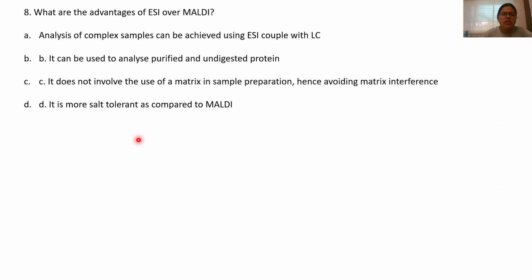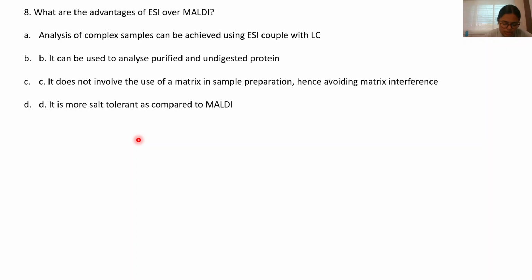Okay, so it can analyze it comparatively to MALDI, but it is not like you don't need to digest. If your molecular weight of a particular protein is a very big molecule, then you need to digest it, and only then you can analyze. There are a few low molecular weight proteins which you can use, but for very high molecular weight you need to digest the protein.